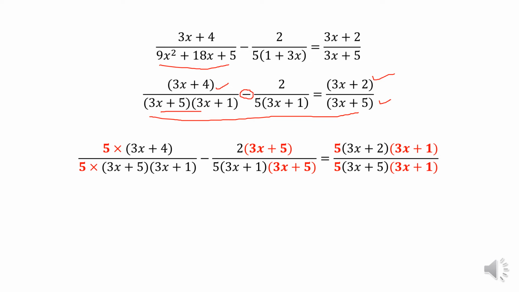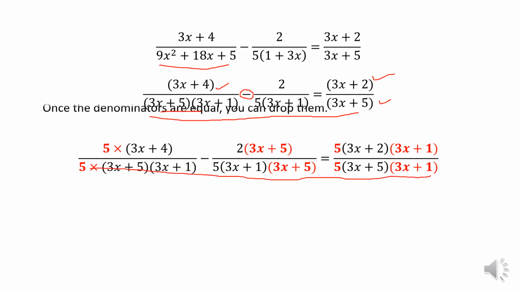So this particular term does not have the 5, that's why I'll multiply it throughout by 5. And this second term doesn't have the quantity 3x plus 5, and I will multiply that by 3x plus 5. And on this right hand side, the 5 and the 3x plus 1 are not there, and I'll multiply throughout by that. Now once I'm done with that and the denominators are the same, you can actually drop them.